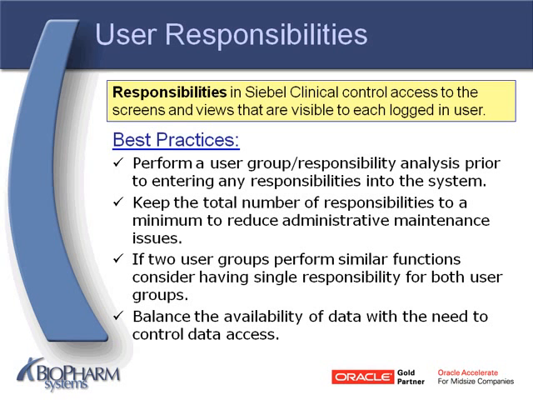Also remember that even though it's tempting to allow the majority of users access to most, if not all, of the clinical information maintained in Siebel Clinical, everyone who is involved in a project or protocol should not necessarily have access to all of the information about that project or protocol. It is important to balance the availability of up-to-date data with the need to keep tight control over data access. Only those users with a legitimate need to access data should be provided authorization to specific views and records.